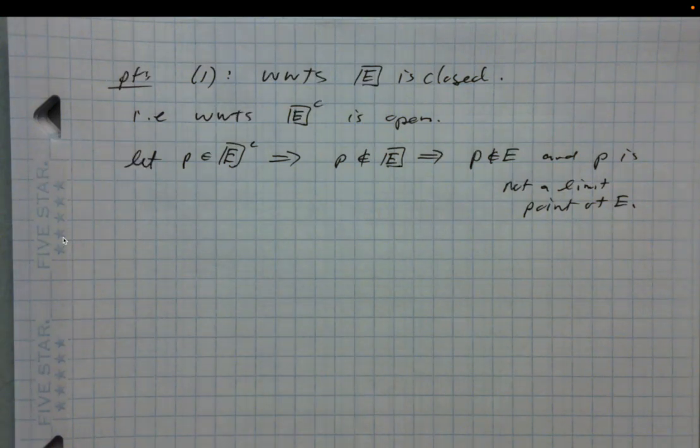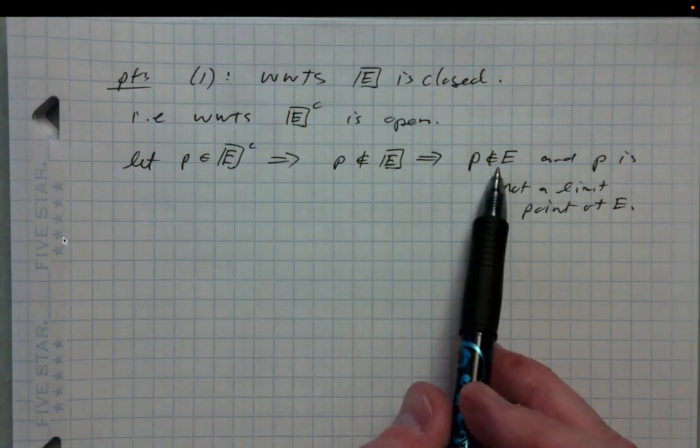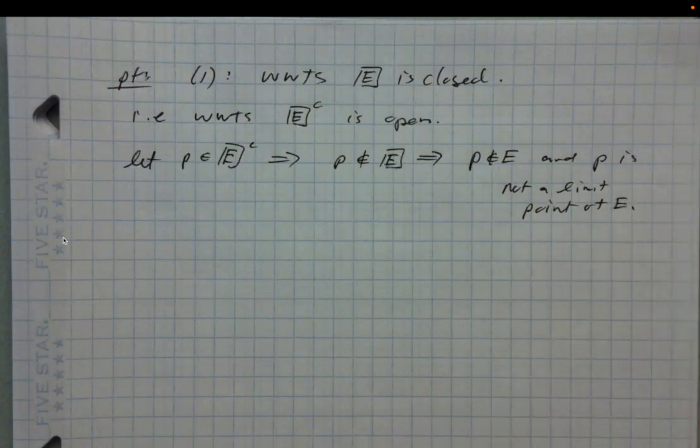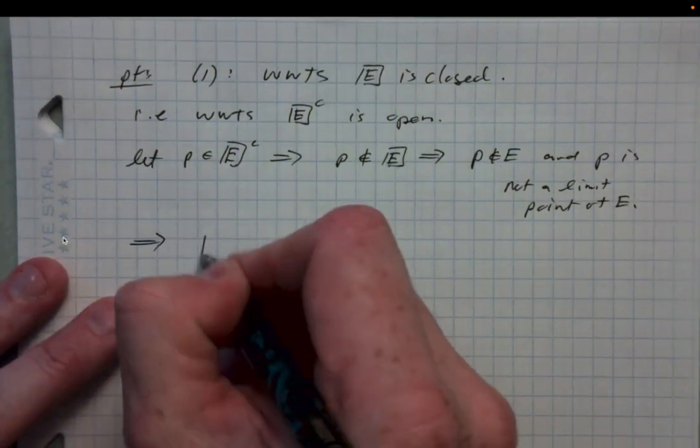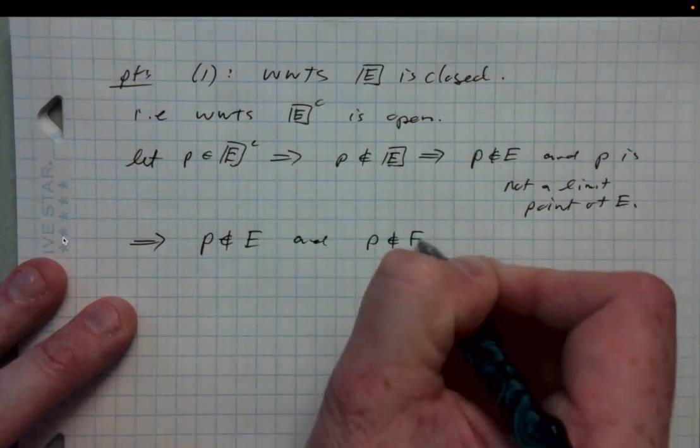It's both E and all of E's limit points, right? And so if P is not in there, it can't be in E, and it also can't be in this other set we called E prime. So P is not in E, and P is not in E prime.